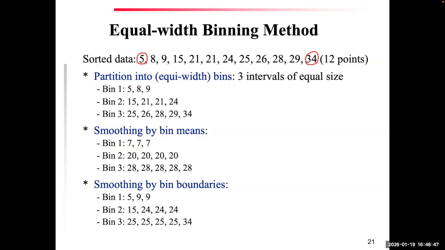Let me calculate. Just give me a second. Okay, because your bin width is now 9.67, that's the exact number. Then your bin 1 will be 5 to 14.67.